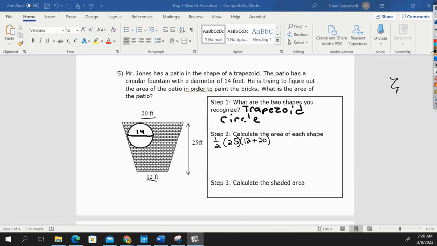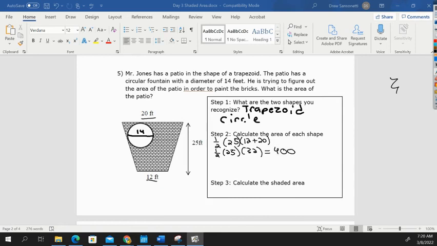All right, and now we have a problem we can solve. 12 plus 20, that's going to give us 32. So we're going to have 1/2 times 25 times 32. Let's pick up our calculators and multiply that. And I got 400, an excellent number.